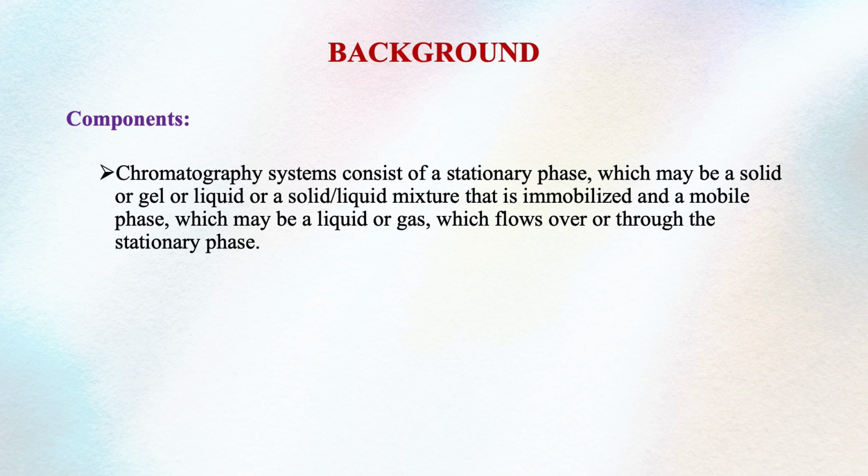Similarly, the mobile phase will many times be a liquid or a gas. If you imagine what is happening in this technique, we separate the molecules between these two phases. We will know more details as we move further. This is about the components of chromatography.